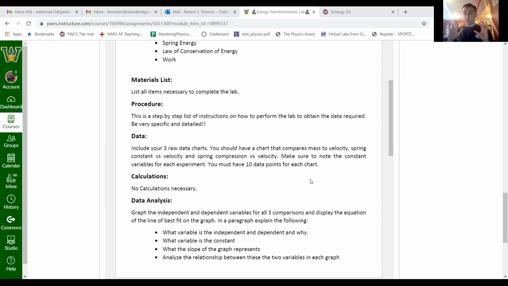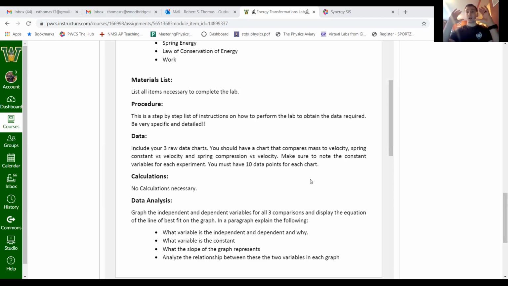So it should be like this: mass versus velocity data table, mass versus velocity graph, linearized graph. I'm telling you the answers. Paragraph explaining. Next, spring constant versus velocity data, spring constant versus velocity graph, paragraph explaining and analyzing that data and graph.